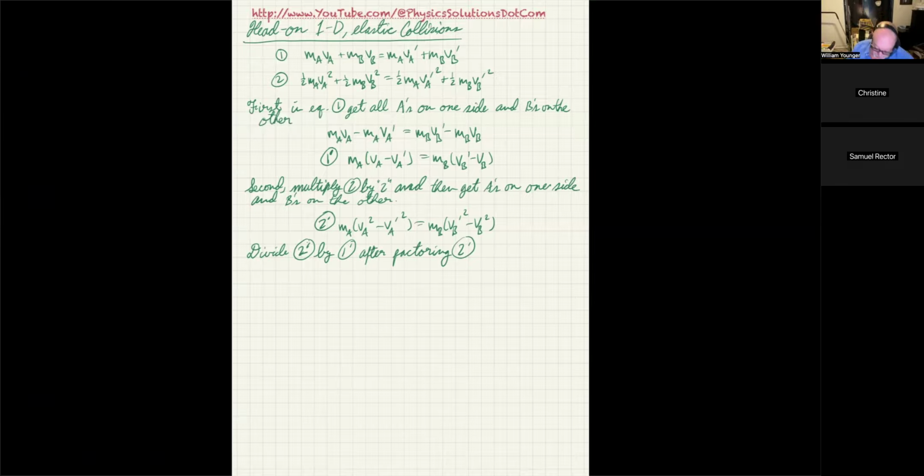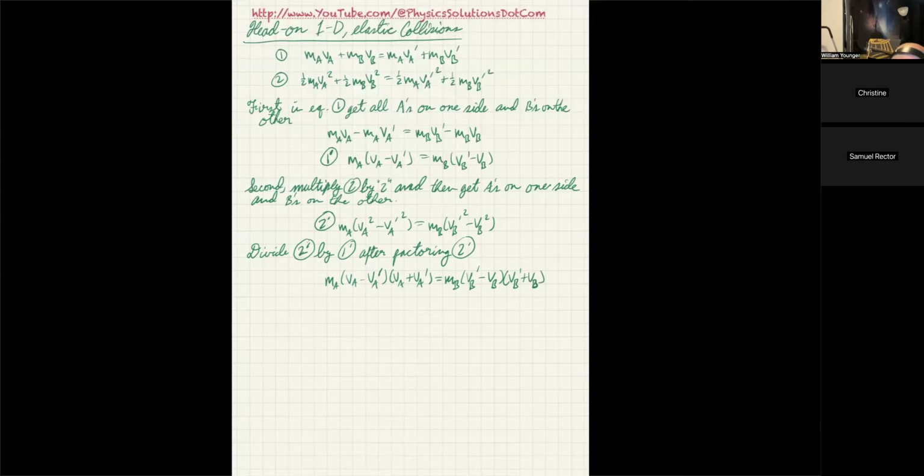For instance, VA squared minus VA prime squared would be (VA minus VA prime) times (VA plus VA prime). So what we're going to do is say MA times (VA minus VA prime) times (VA plus VA prime) is equal to MB times (VB prime minus VB) times (VB prime plus VB).